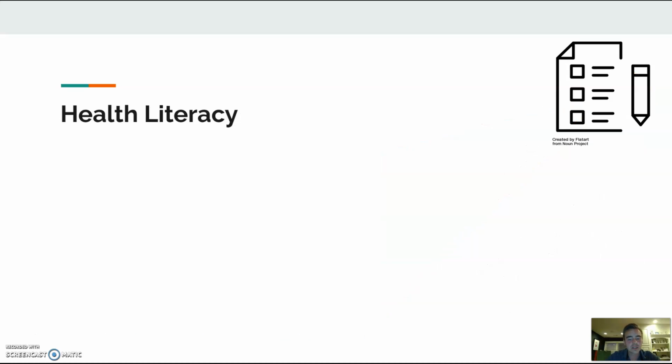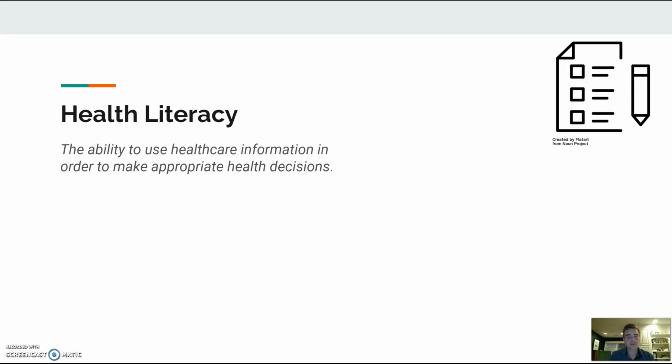We then go into the idea of health literacy, and this ties a lot into the social determinants of health, because oftentimes those 6 areas that are referenced can be improved if people understand what that information is and how they can actually take care of themselves and their health in a preventative manner. So health literacy is just the ability to use healthcare information in order to make appropriate health decisions.